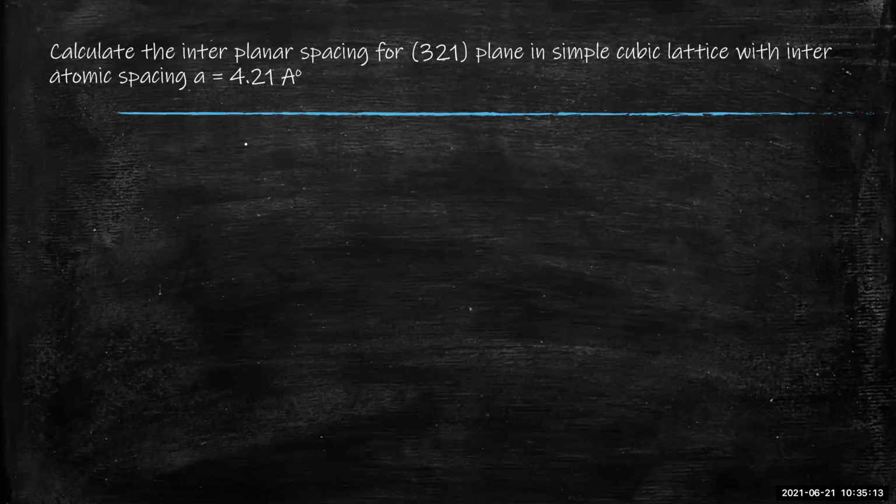So the expression for interplanar spacing, D is equal to A divided by root of h square plus k square plus l square. Here h, k, l are the Miller indices.